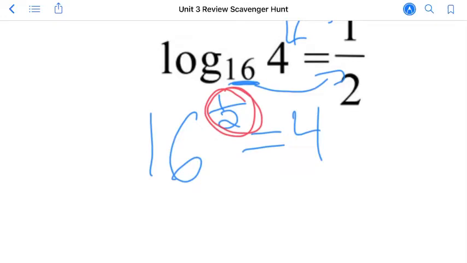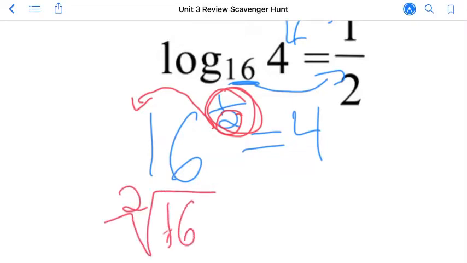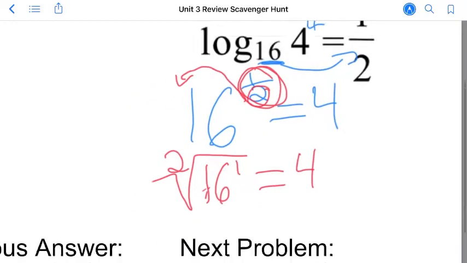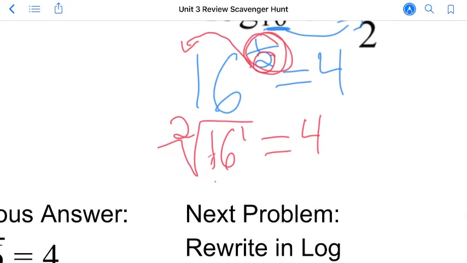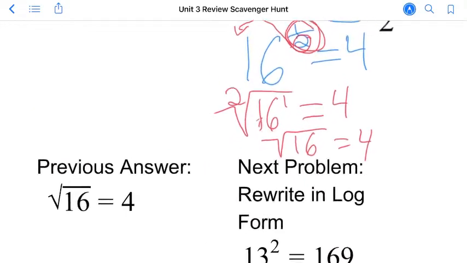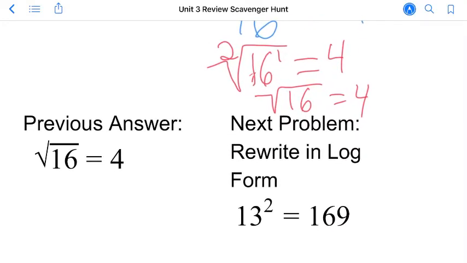So we actually had to take our 2 and put it on the outside of our root symbol. So we would have 2 square root of 16 to the first power equals 4. Or you could simplify it more and just do the square root of 16 equals 4. And that is the answer that I made the next problem, or the next sheet.